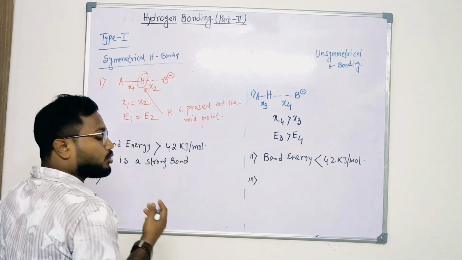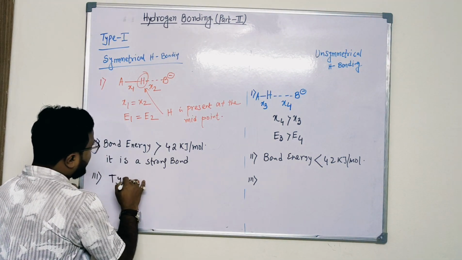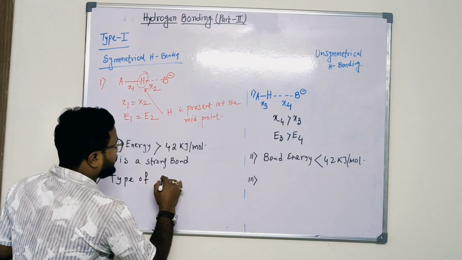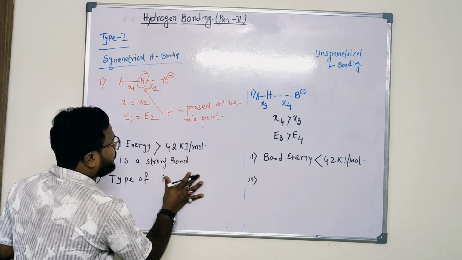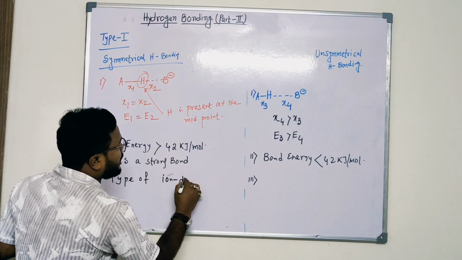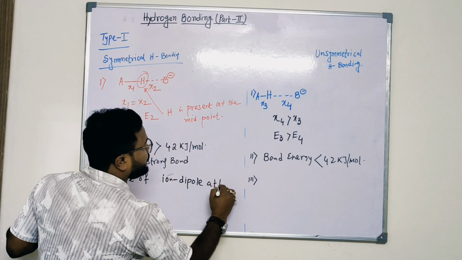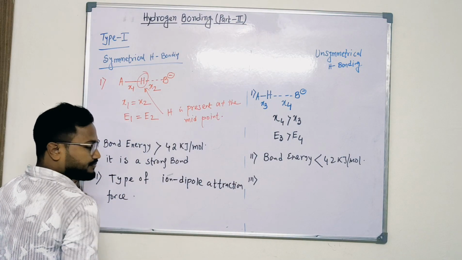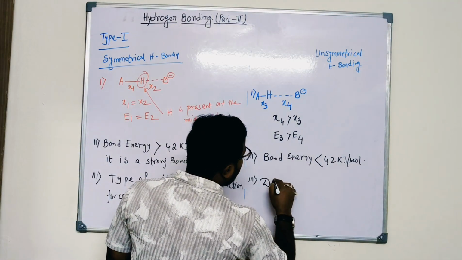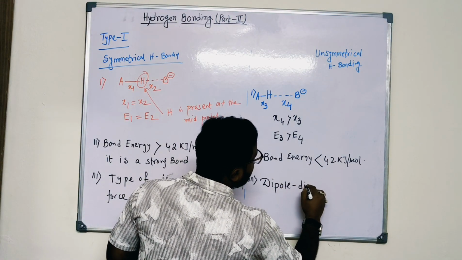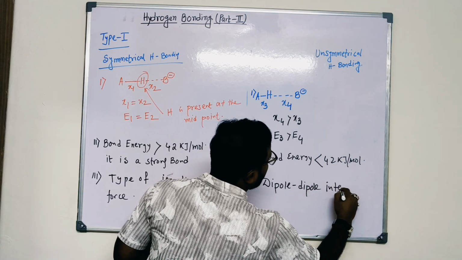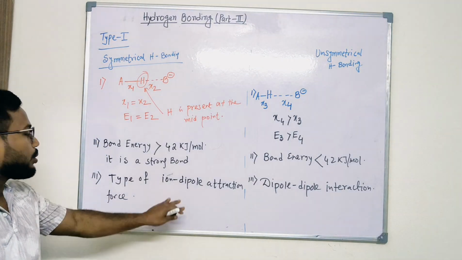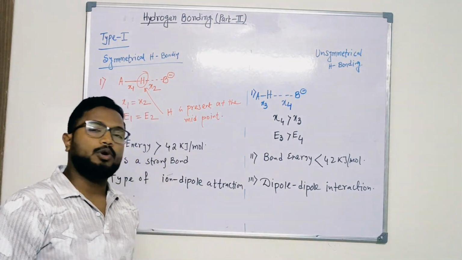Among them, one of the most important varieties is the ion dipole force. So basically we can say two types of forces: one is ion dipole, another one is dipole interaction force.